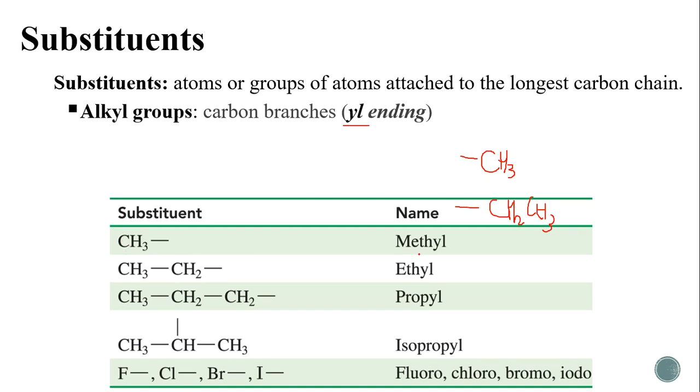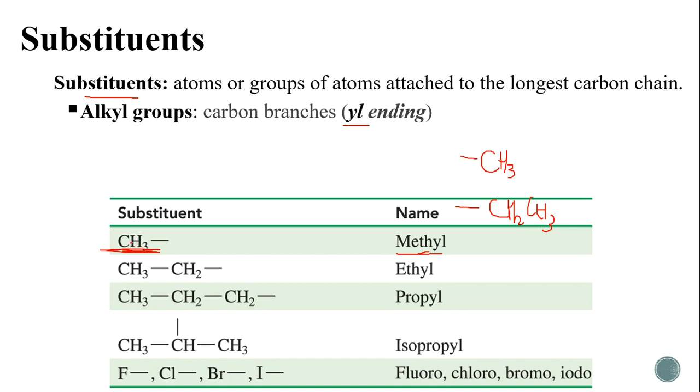That CH3 would be a methyl group. Where in the world did I get this methyl name? It's one carbon, right? If I add this to the longest chain, it's just one carbon, so there's our prefix meth. And because it's a substituent, a branch that I'm adding, it gets this YL ending.